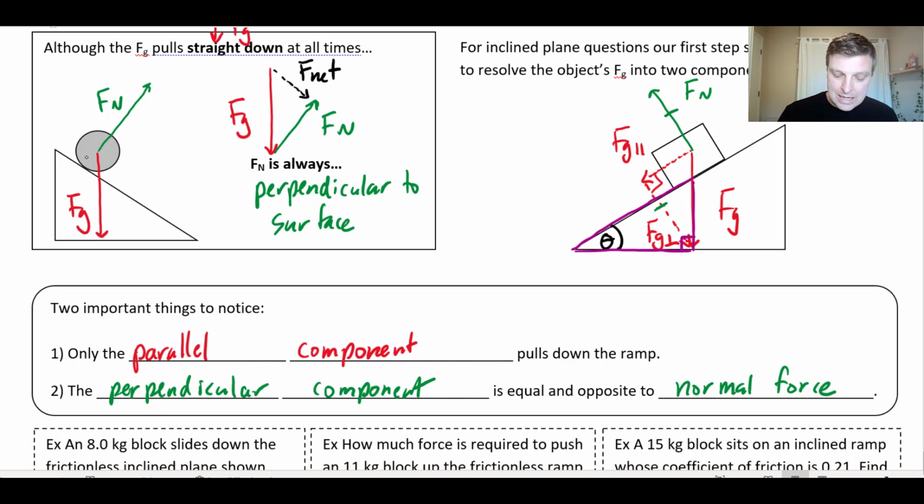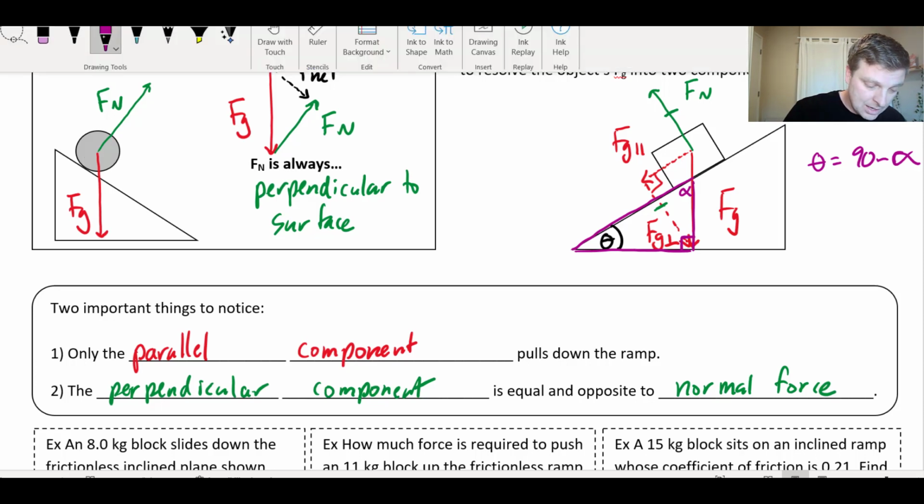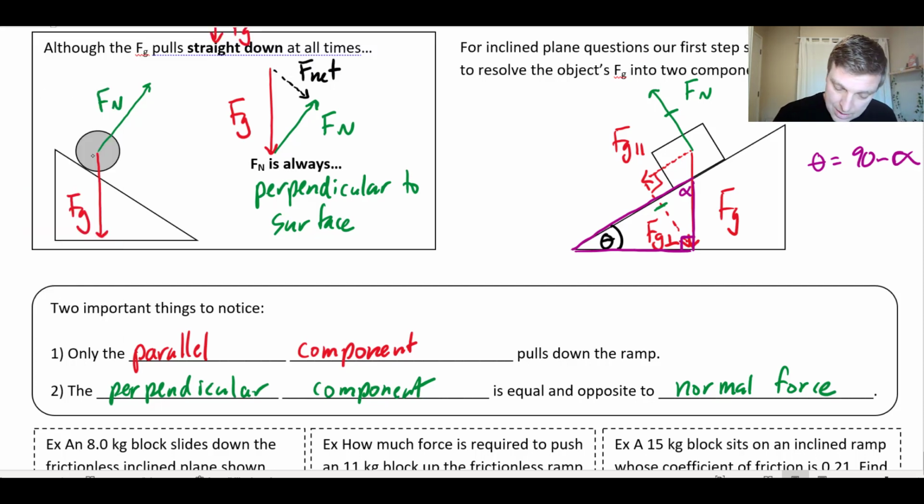Since this is 90 degrees, then I've got another angle here. Maybe I'll call it alpha. What you notice is that alpha has to be complementary with theta, which is to say that theta is just 90 minus alpha. Right? And then I've got another triangle, which is my vector diagram triangle here, and this triangle is also a right angle.